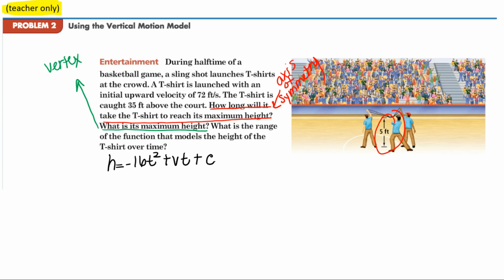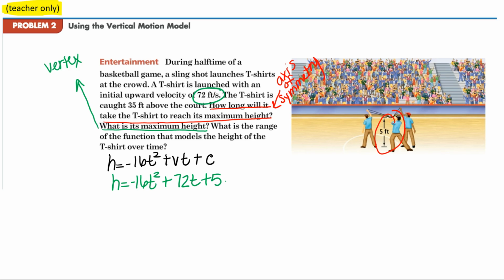So when I substitute in what I know about my problem here, I have h equals negative 16t squared plus 72t, because again, my initial upward velocity was 72 feet per second. And then my starting c is that plus 5, where they're starting.